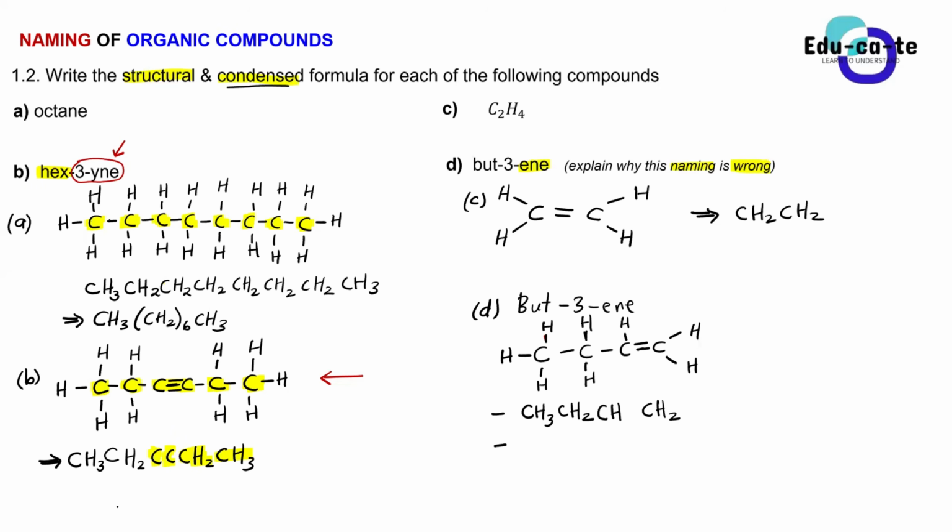Yes, after drawing the structural formula, you can see that here, the moment you put a double bond here, you are putting the functional group, so you need to count from the carbon that is closest to the functional group. So essentially, you are forced to count from right to left. This is supposed to be your carbon 1, carbon 2, carbon 3, and carbon 4.